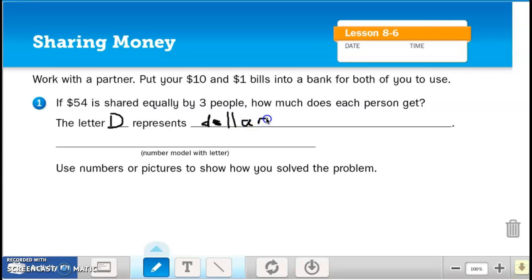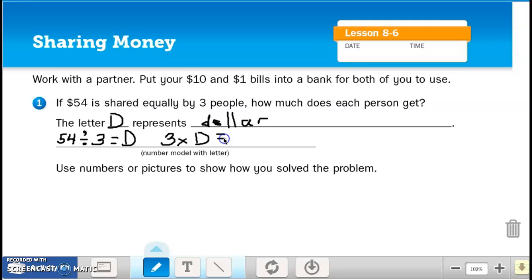Now over here we're going to put a number model. So basically we're sharing money. 54 divided by 3 equals D. Another way we could say this is 3 times D equals 54, because it's a fact family, right?